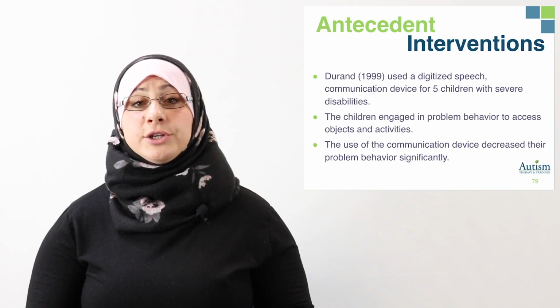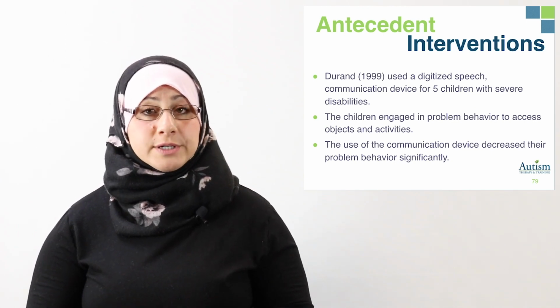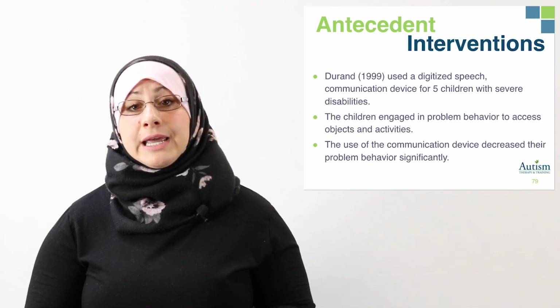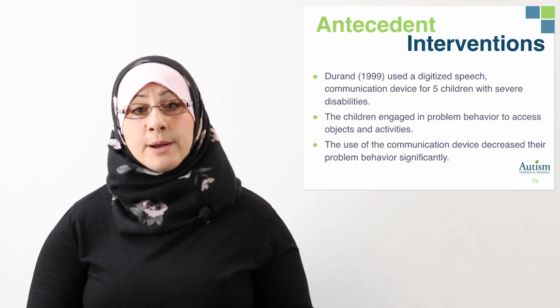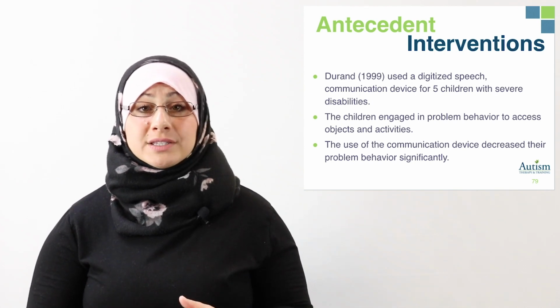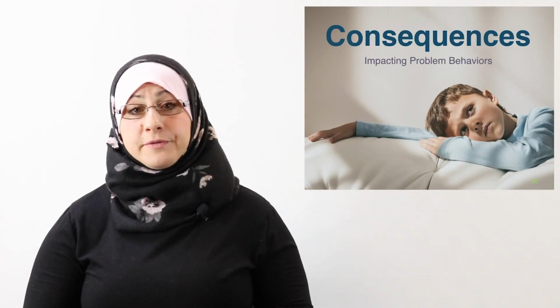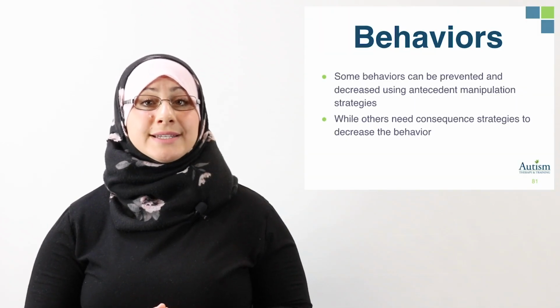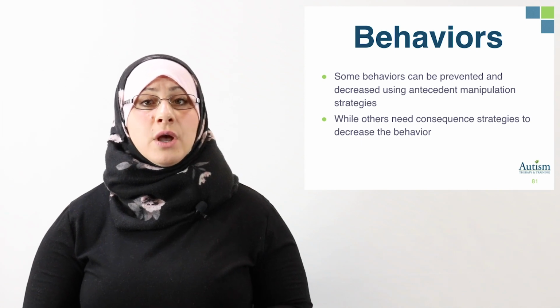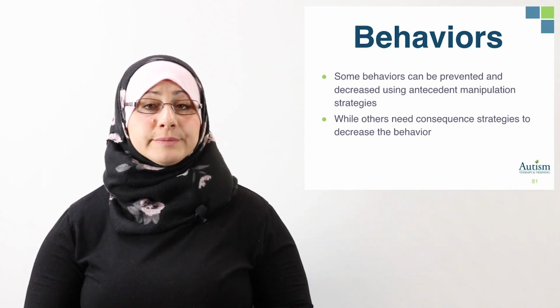Duran, 1999, used a digitized speech communication device for 5 children with severe disabilities. The children engaged in problem behavior to access objects and activities. The use of the communication device decreased their problem behavior significantly. Some problem behaviors can be prevented and decreased using antecedent manipulation strategies, while others need consequence strategies to decrease the behavior.